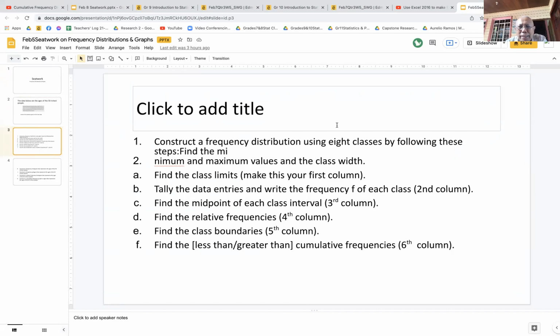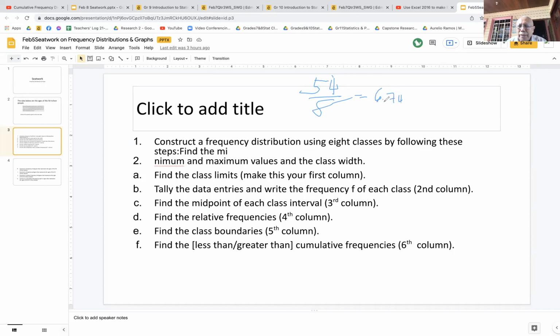So in this case, if we divide the 54 by the number of classes, which is 8, 54 divided by 8 is 6.75.